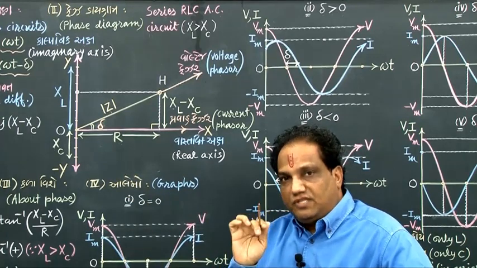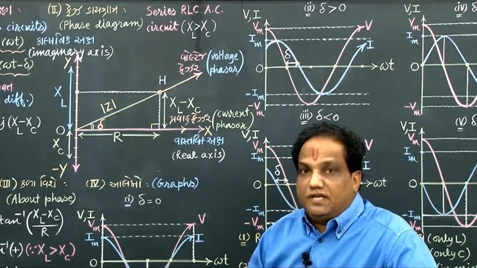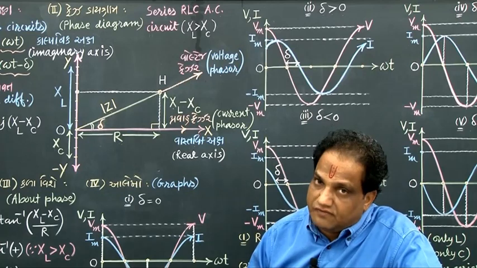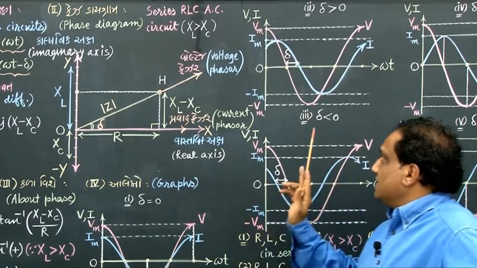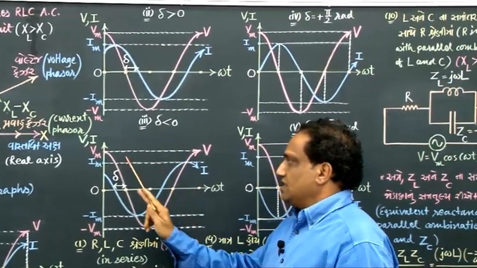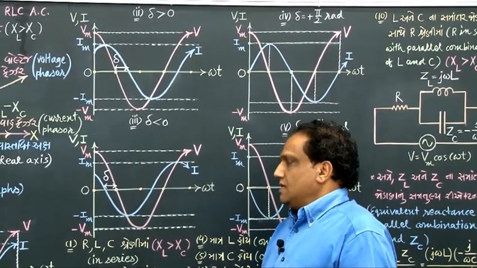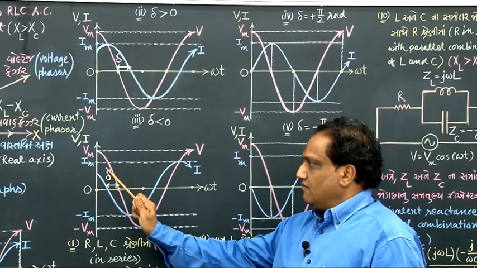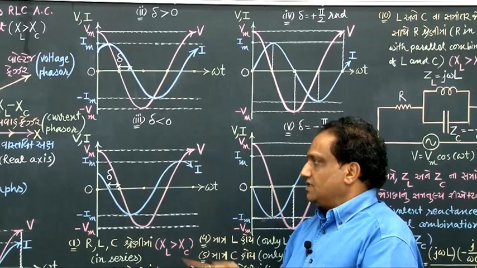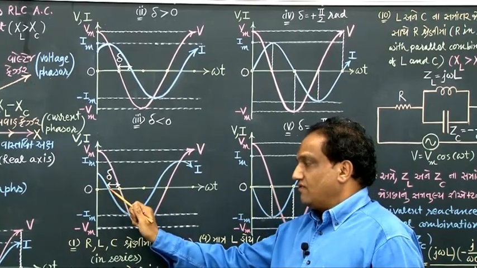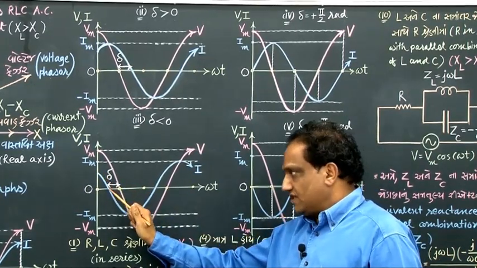When delta appears in the 4th quadrant, naturally it is negative, correct? Fine. Then tell me, whenever delta is negative, you can use these graphs, correct? Look, here when you start from maxima and move toward the right hand side, it is the blue colored graph of current which becomes 0 first.